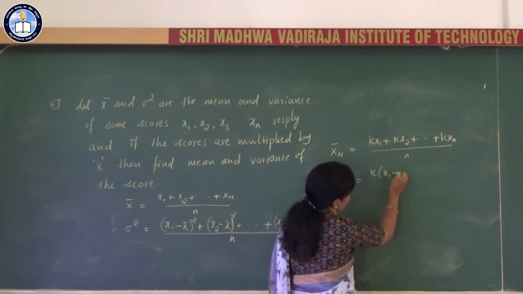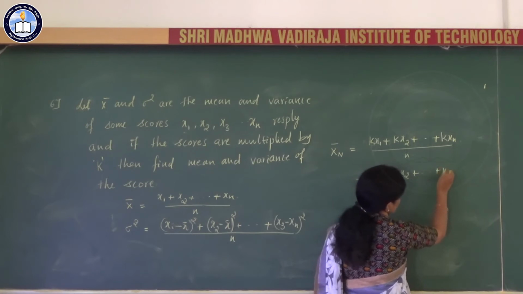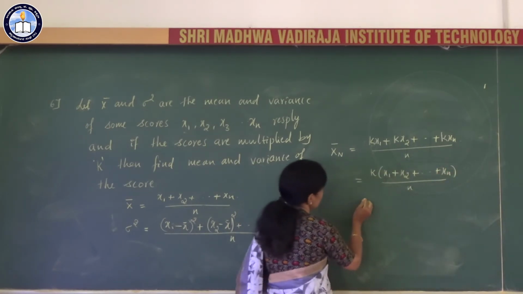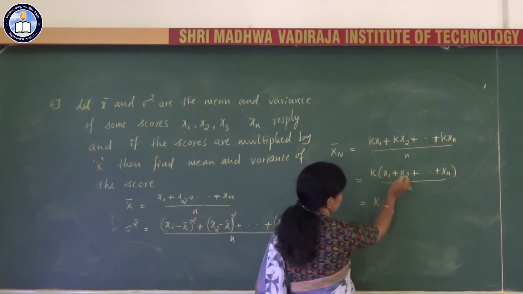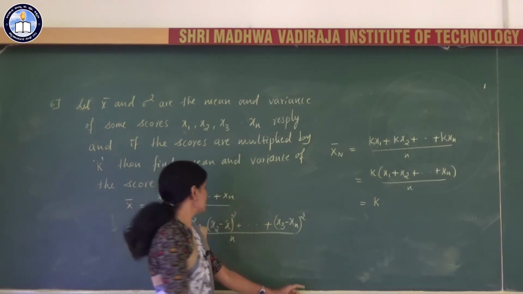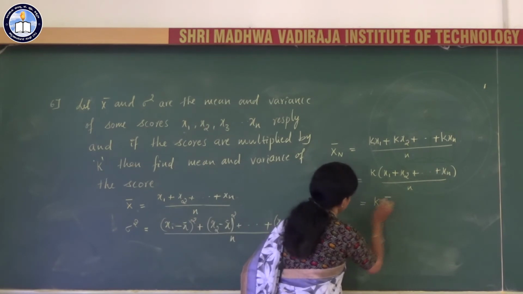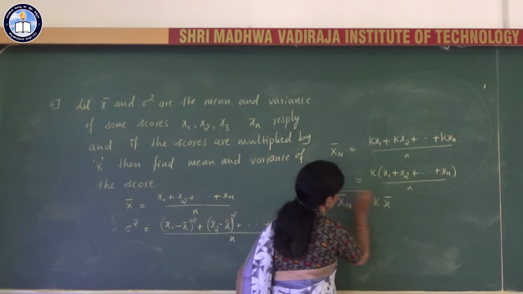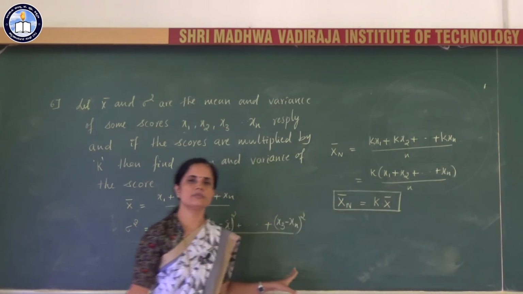What will remain inside the bracket? x1 plus x2 up to xn divided by n. That is nothing but x bar. Therefore, this is the important formula: the new mean is equal to k into the original mean.